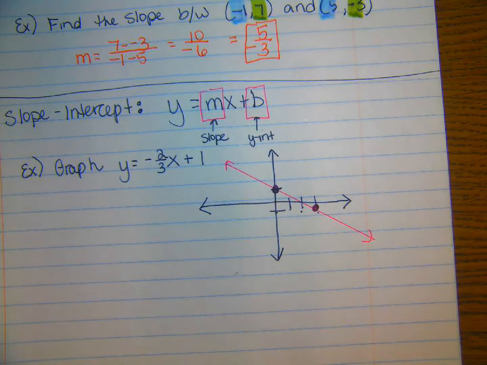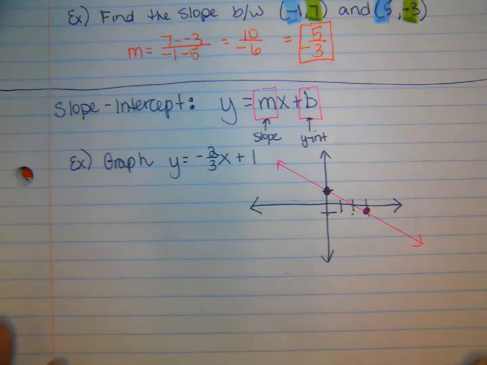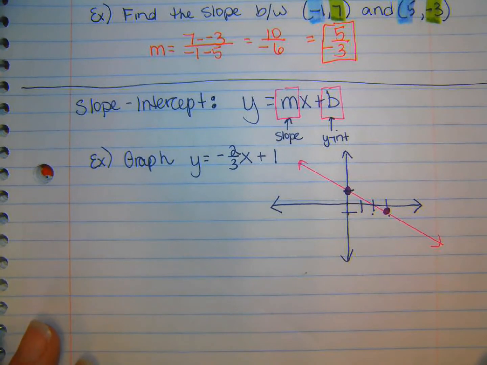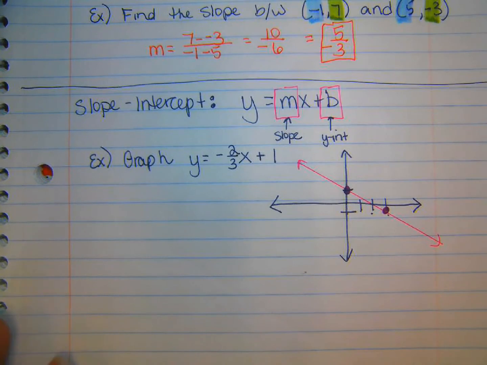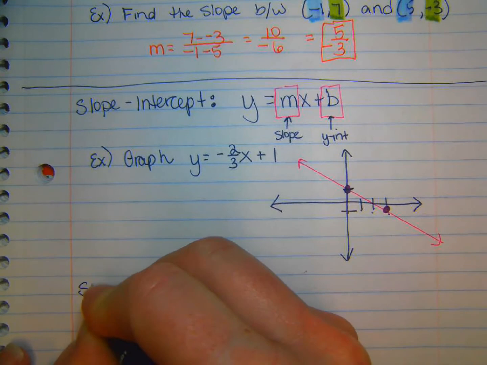How are we doing? What's that? How about the homework from last night? Should we do an example like that with intercepts? So that was called standard form.